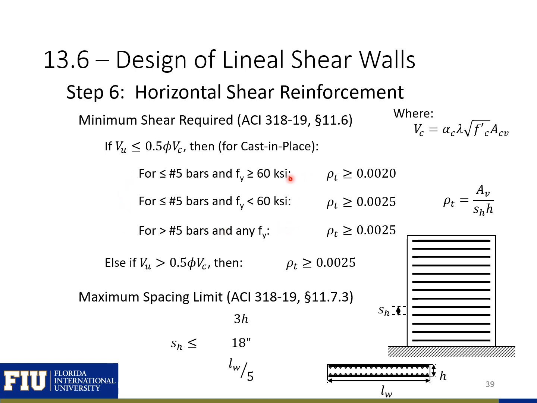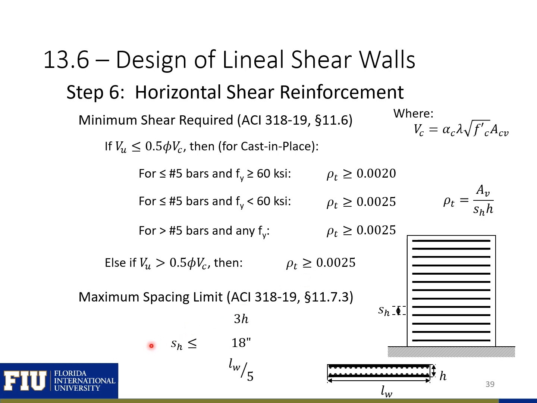So if we have number 5 bars or less than number 5 bars with a yield strength equal to 60 ksi, which will be most often the case, we'll have a required reinforcement ratio greater than or equal to 0.002. If we have a higher shear demand, then this increases. So for all cases, if we have a Vu greater than 0.5 phi Vc, then our rho T needs to be greater than or equal to 0.0025.